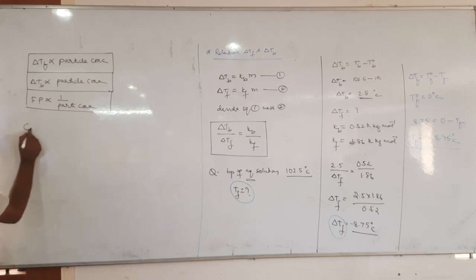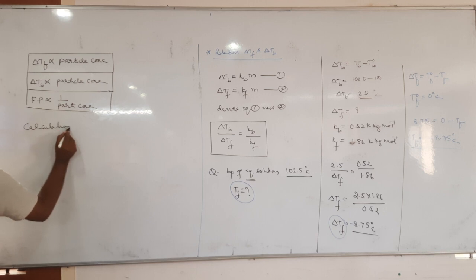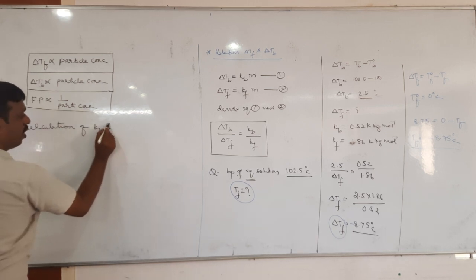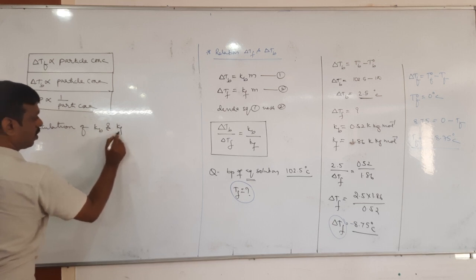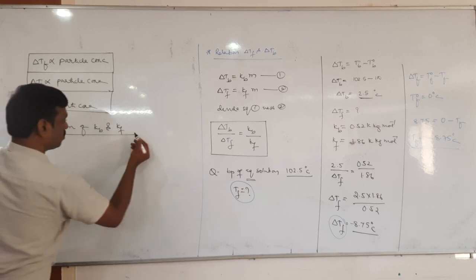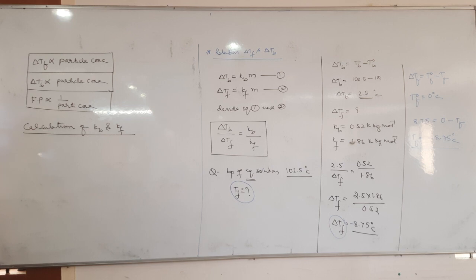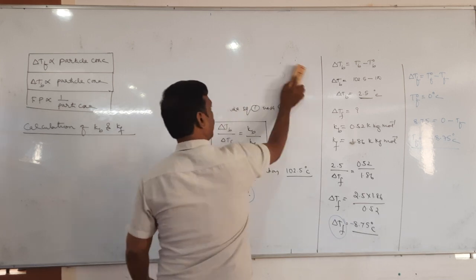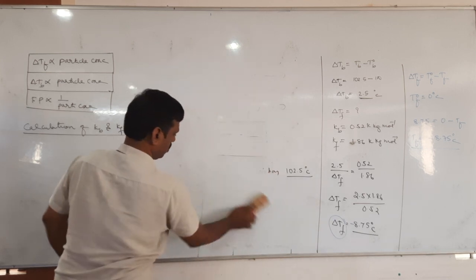Next, calculation of KB and KF. So how do you calculate KB and KF? To calculate KB and KF, we have again experimental data.